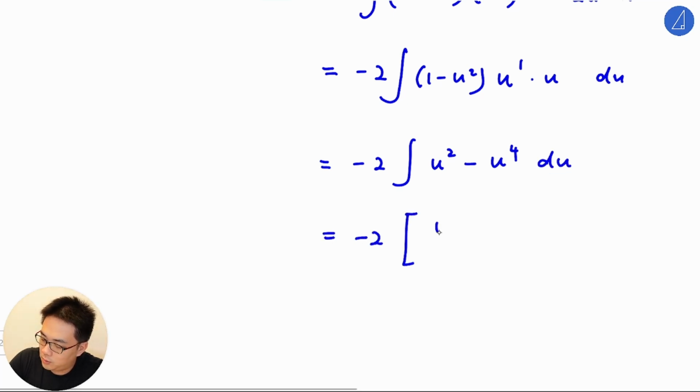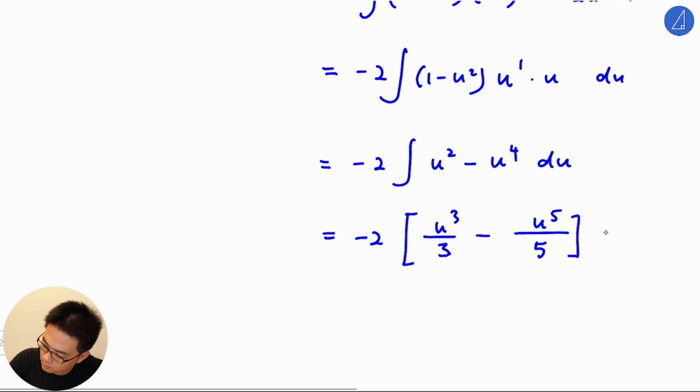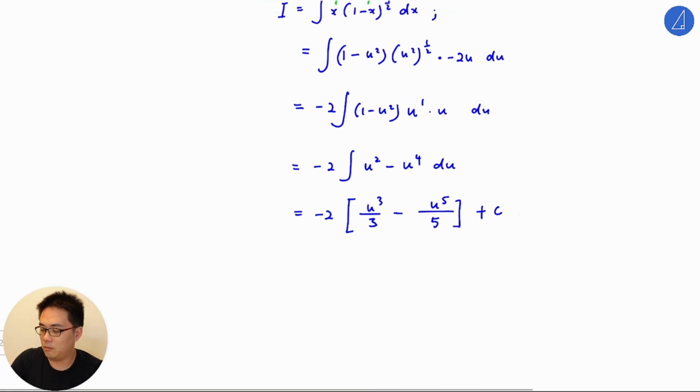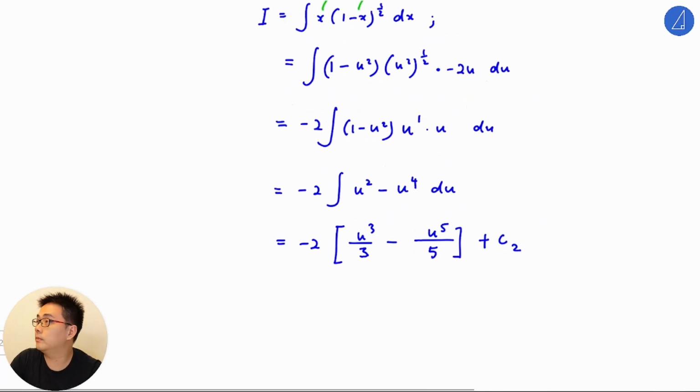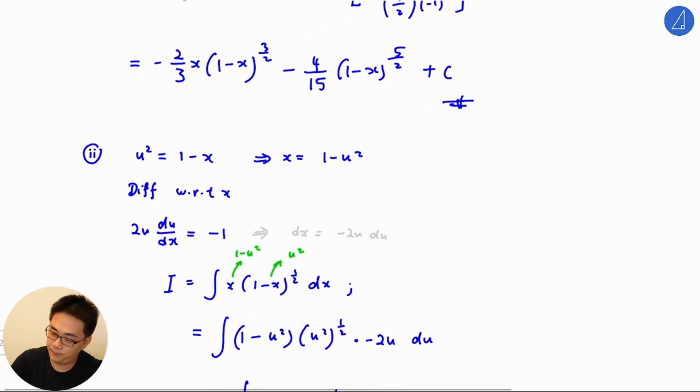It will be u cubed over 3. Okay, maybe you put this as C2, then the previous one as C1.